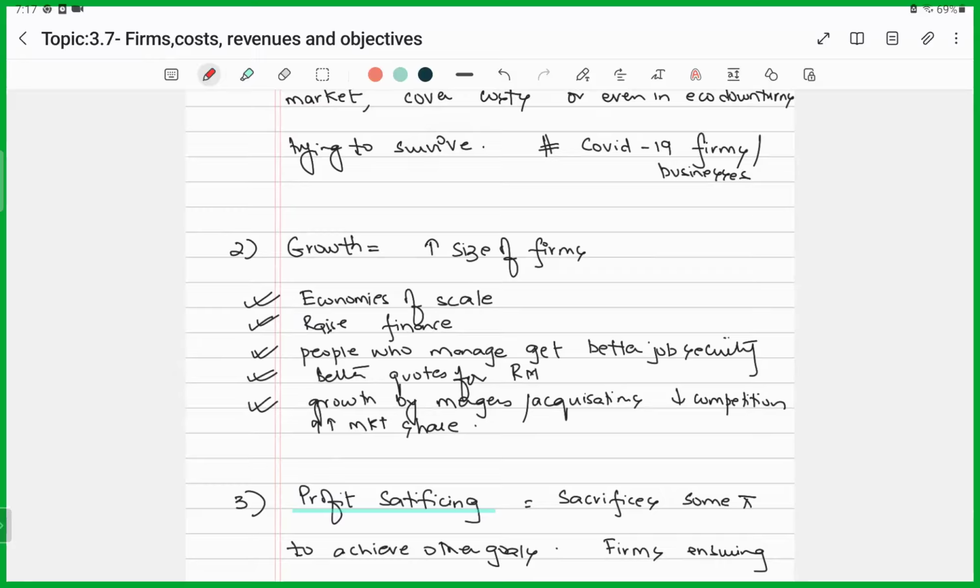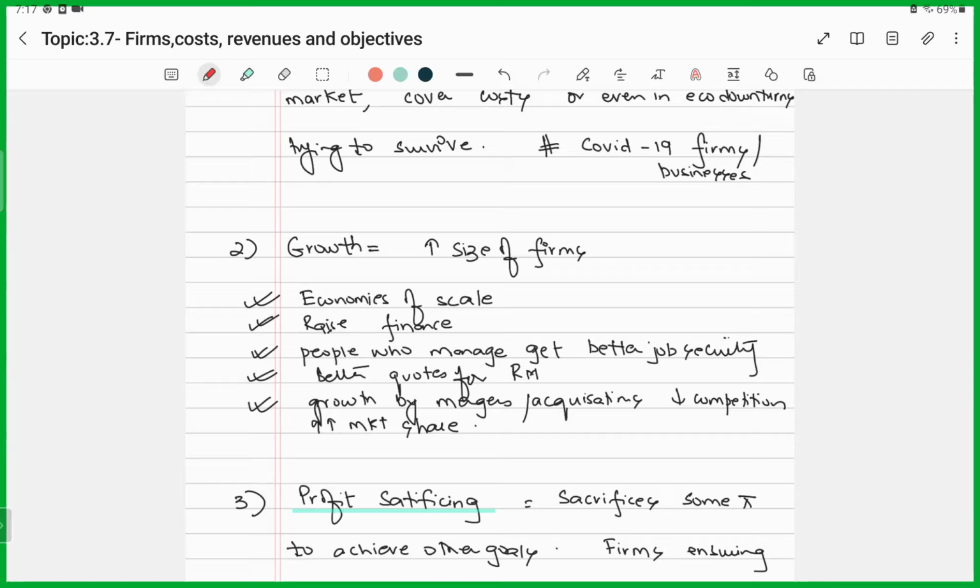Because it's incentivized to achieve economies of scale, because this would lead towards lower average cost of production. And when the firm grows its size, it's better able to get loans from banks on favorable terms. So it gets to raise finance on more negotiable terms.